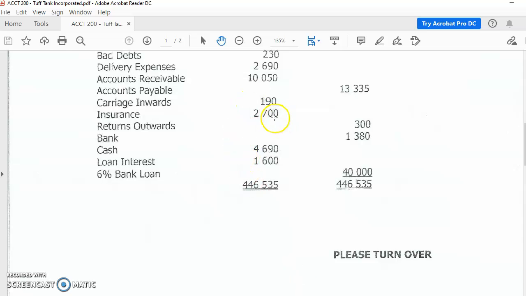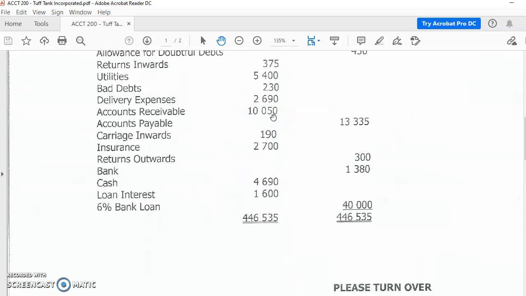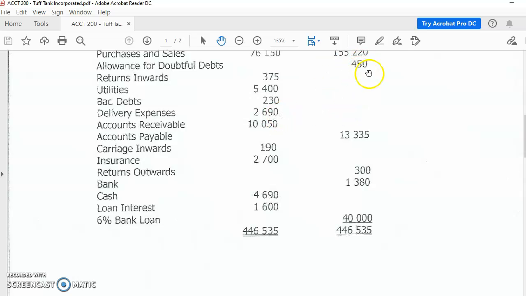And if we look at our allowance for doubtful debts given to us in the trial balance, it is $450. This is what they started the year with. But now we calculate the allowance. Our allowance has gone down from $450 to $402. So we have a decrease of $48, which signals that they're collecting more of their receivables.